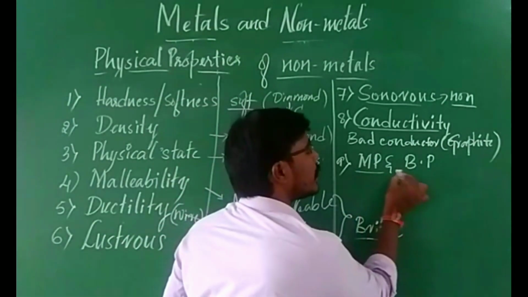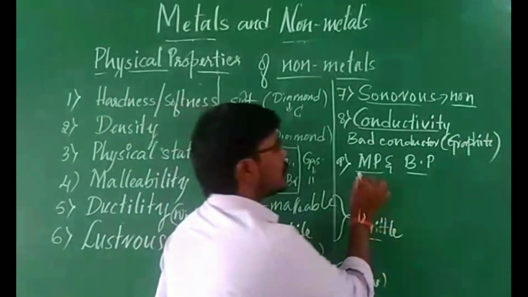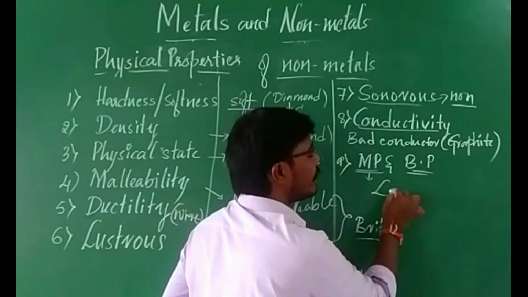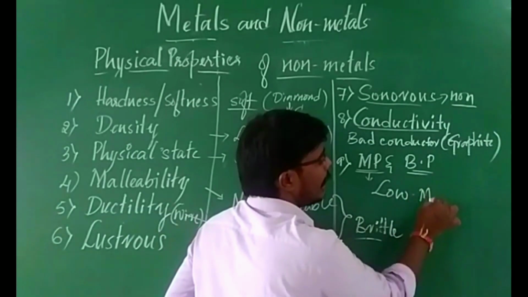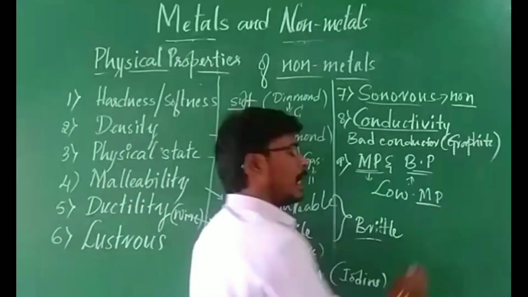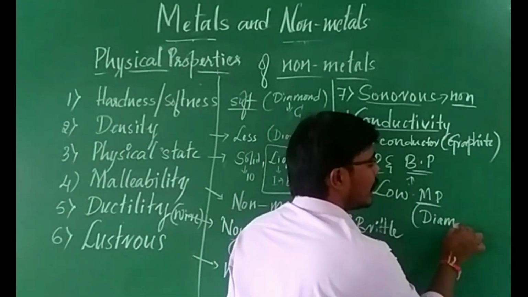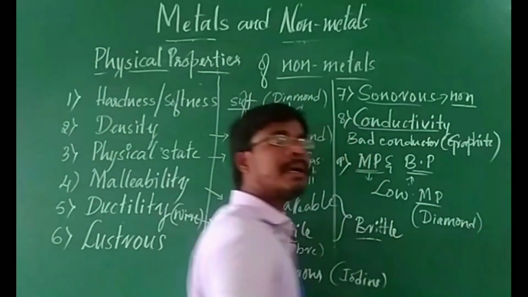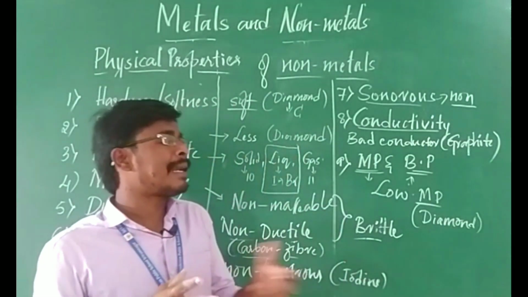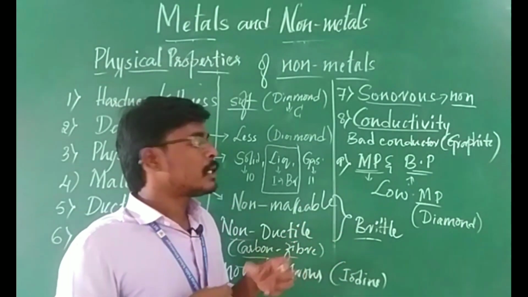Then the next property is about melting point and boiling point. Non-metals have a low melting point and low boiling point, but again the exceptional case here is diamond. The diamond has strong intermolecular attractive forces between the atoms, so the arrangement is somewhat stronger.